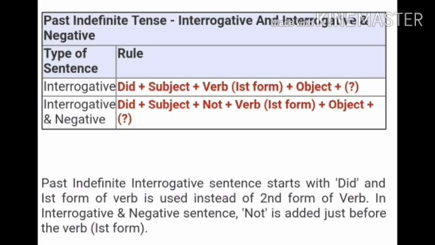Did is used at the front of the sentence. After that we will use subject, then first form of verb, and plus object, plus our object is followed by a question mark, as it is interrogative sentence. In negative interrogative sentence is the same condition, just we will add not after subject, and remaining all the formation will be same as was in interrogative sentences.